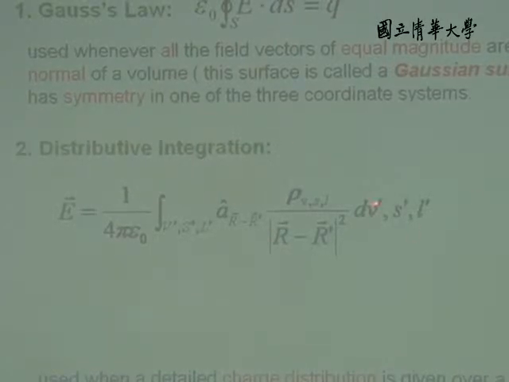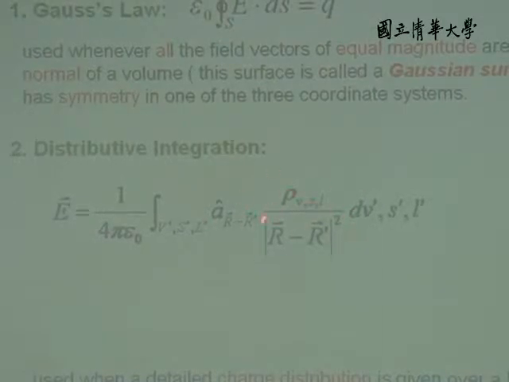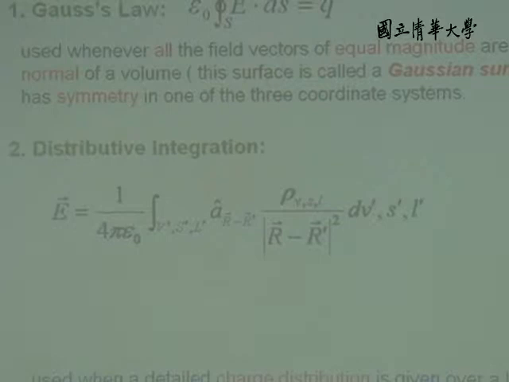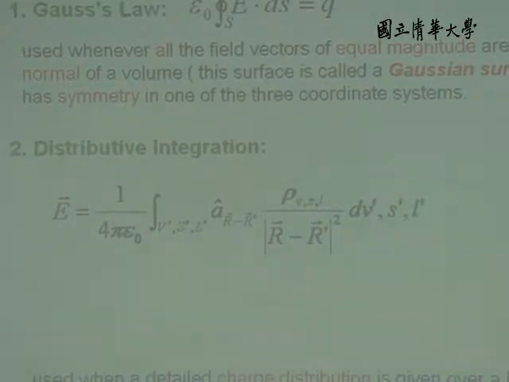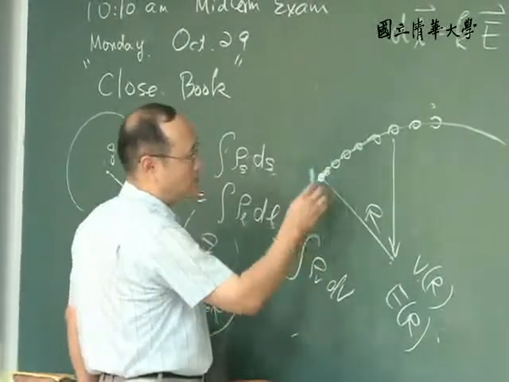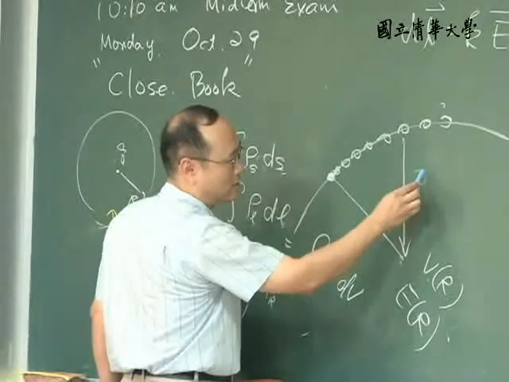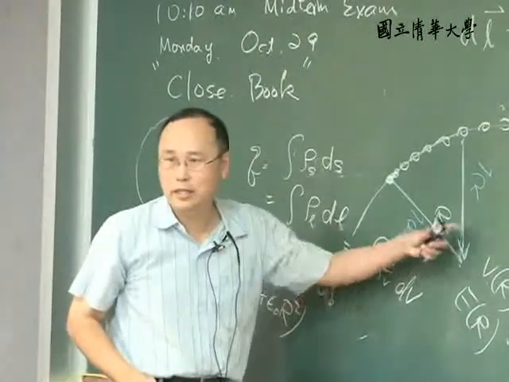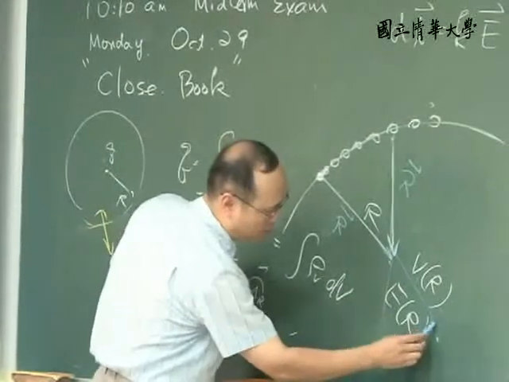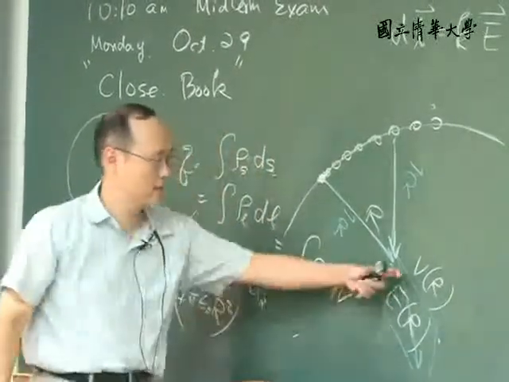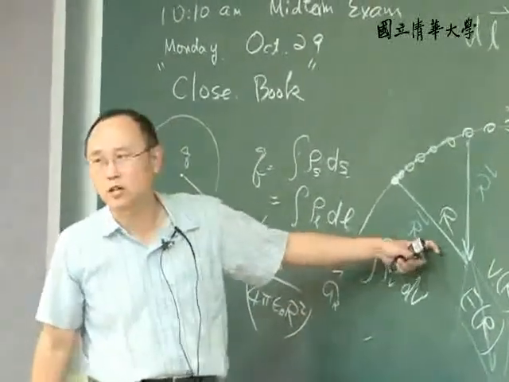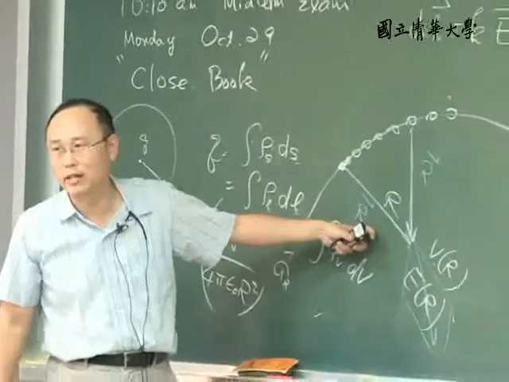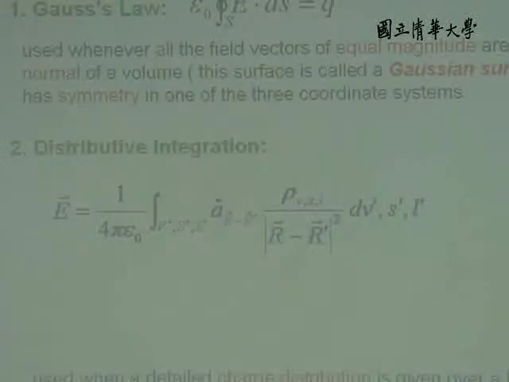So this is not trivial. Okay, it's not a scalar. You need to take into account the directions. You must pay attention to direction. For example, the r from here to here and the r from here to here are definitely different. When you add these two vectors, you must do, for example, a parallelogram to add them up. If it is on a surface, you split it into two perpendicular directions, and then add them up. So very often you have to decompose this into several directions and then integrate one by one.